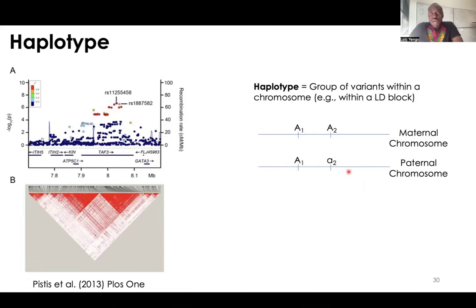Two things to say about this. The first thing is that haplotypes are here to represent this notion that groups of variants that are close together tend to be correlated and transmitted together. But there is also this important notion that haplotypes are not defined in a somewhat ad hoc way.